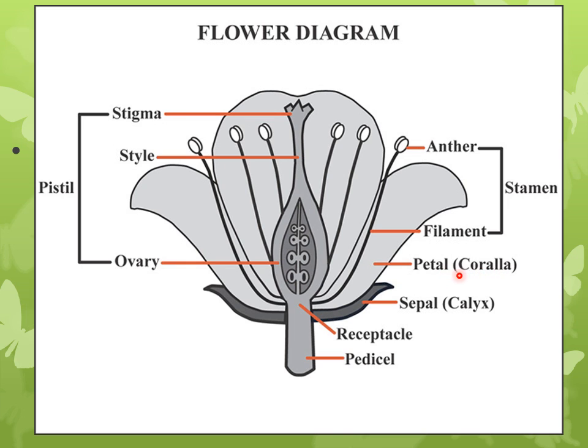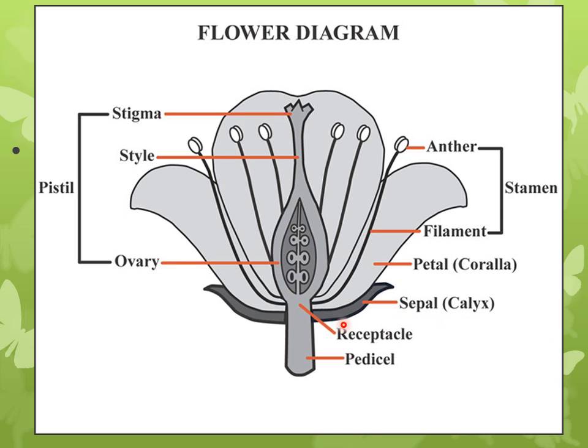All the petals together are called the corolla, and then below the petals are sometimes these little green parts, they kind of look like leaves, like you might be familiar with the ones on roses, that come off below the petals. Those are called sepals, and all the sepals together make the calyx.